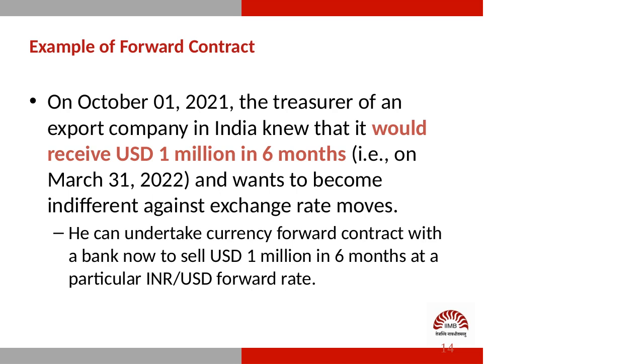You may fix it at 23,000 itself. You may fix it at 24,000. So irrespective of what happens to the market, you will get that amount of money. You have frozen that, you have fixed that. That is a typical example of a forward contract.